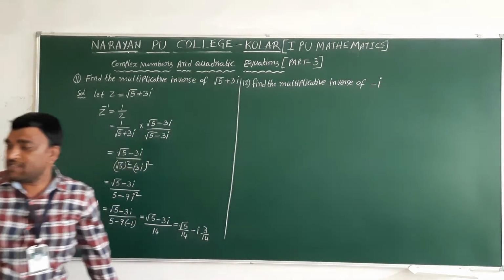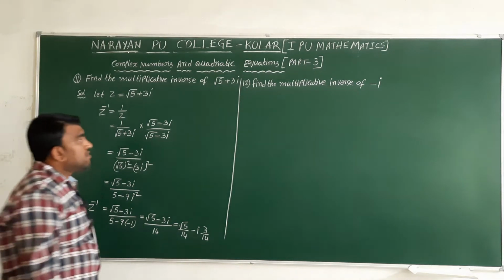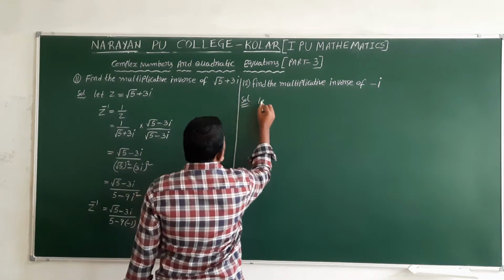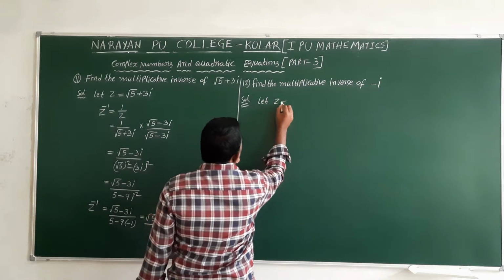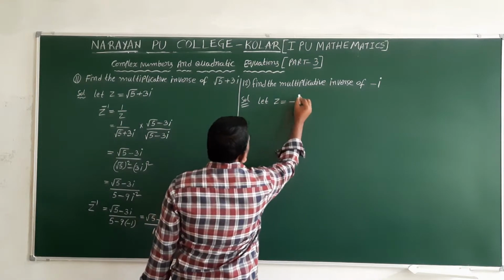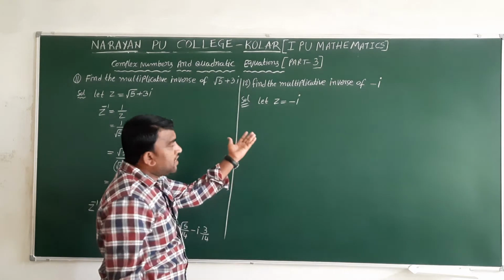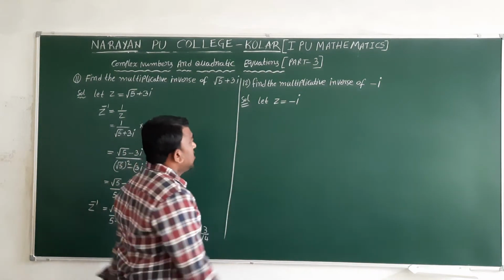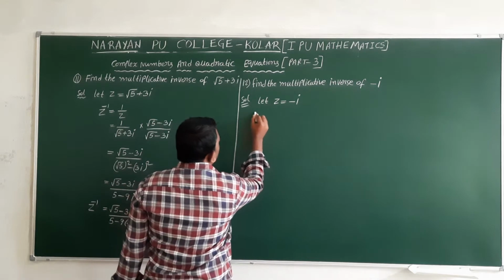Only minus i will be there. So let us take z equal to the given complex number, z equal to minus i. Here the real part is not there. We can write 0 plus i into minus 1, otherwise only minus i. So the multiplicative inverse of that complex number.